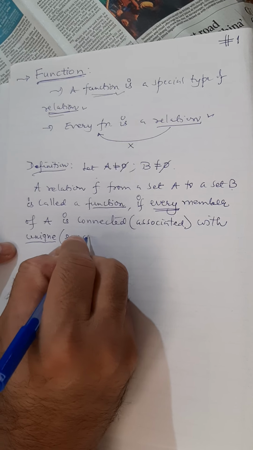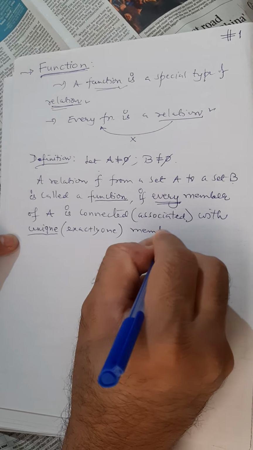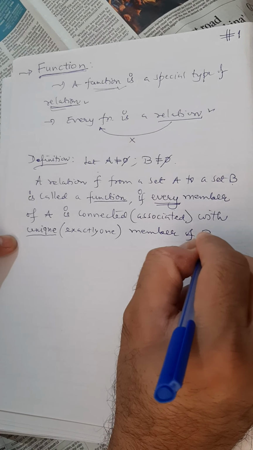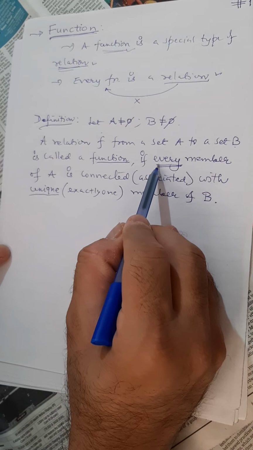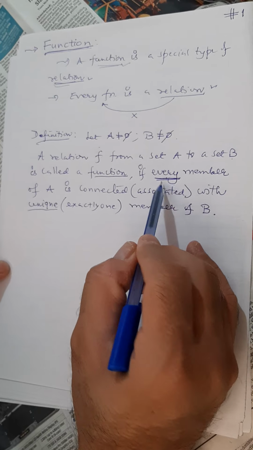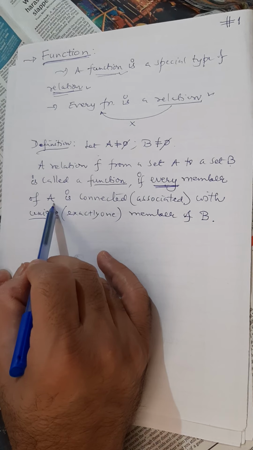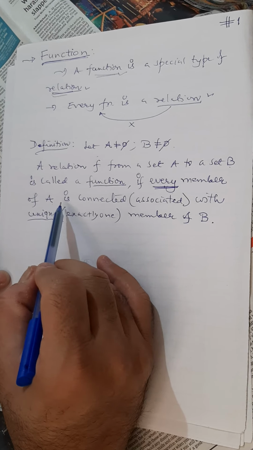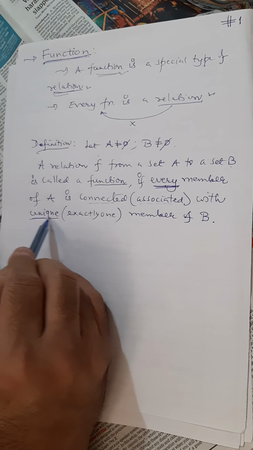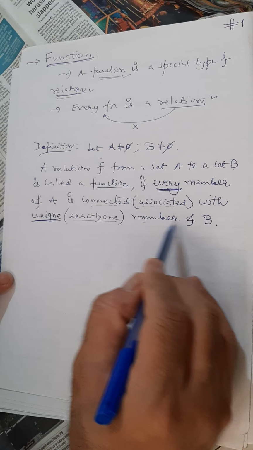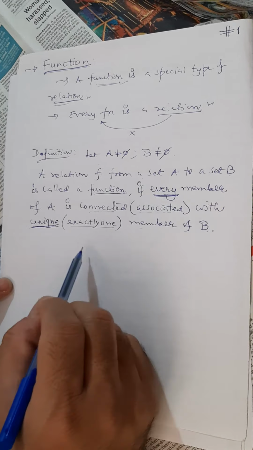This means exactly one member of B. So here in this relation we have used two important words. One is every member of A. That means you need to take every member of the set, and that member should be connected, means associated with one and only one, that is a unique member of the set B. So such a relation is known as a function from A to B.